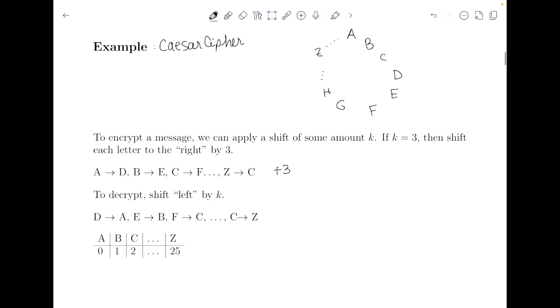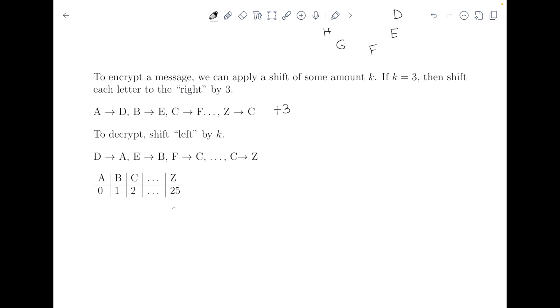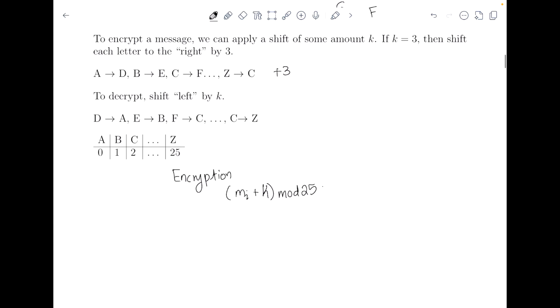But if I think about it in terms of modding, then everything works out. So I would say my encryption takes that letter, let's call it M_i, and adds whatever that key is, and we mod it by 25. That's going to give me my ciphertext.